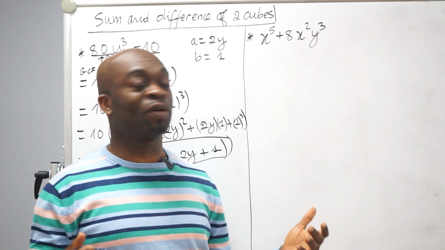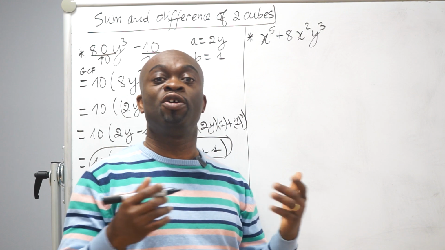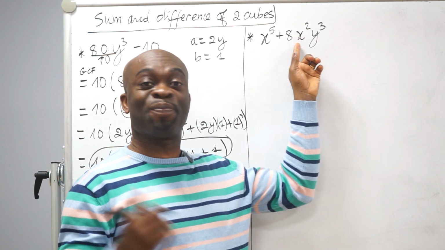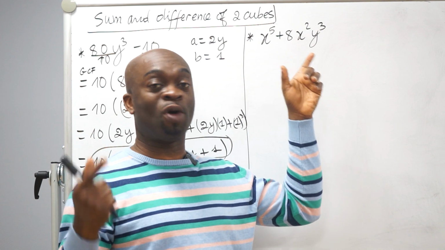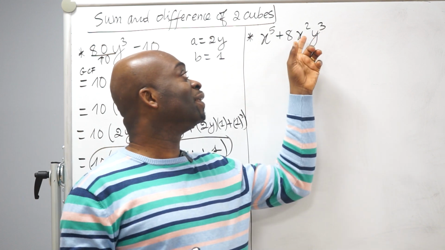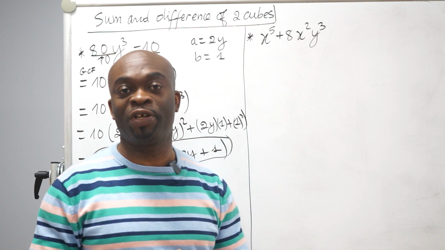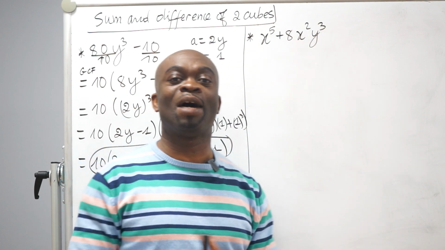No. And is 8x squared y cubed also a perfect cube? No. Even though 8 is a perfect cube of 2 and y cubed is a perfect cube of y, x squared is not a perfect cube.